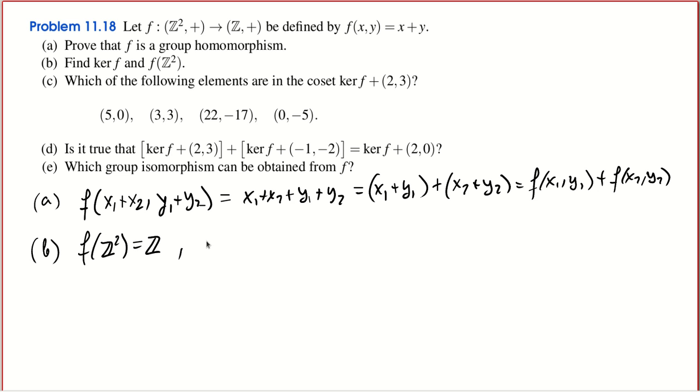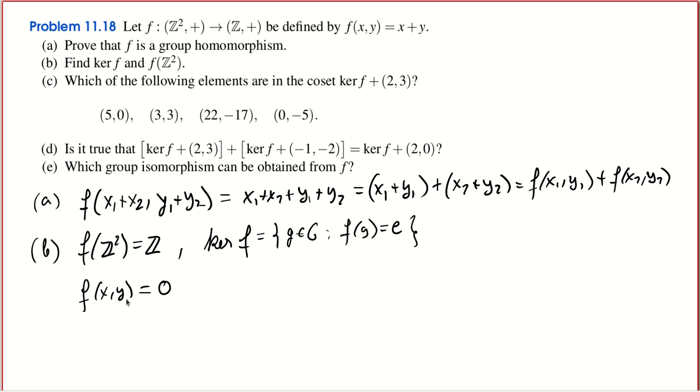That's easy. Now the kernel, remember, the kernel is the set of elements in the group such that f(g) is equal to the identity of the second group, right? Okay, so in this particular case, what we're talking about is what is the set of x and y's, pairs of integers, such that the image is the neutral element of the second group, which is just 0.